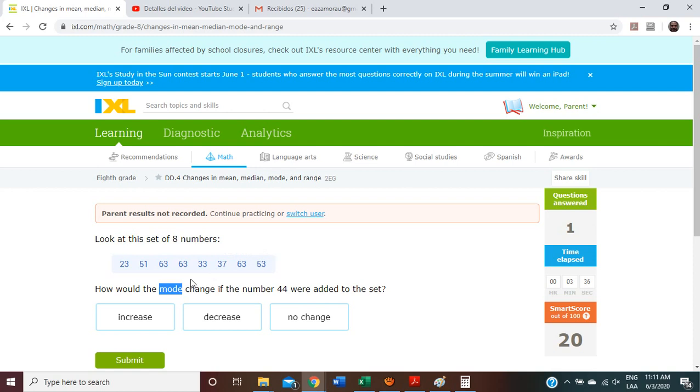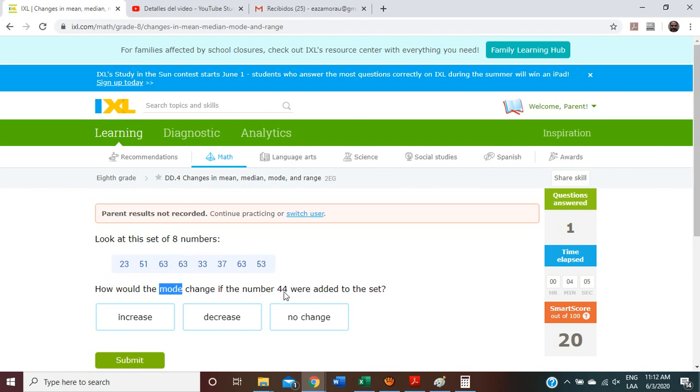So right now, which one is the mode? We have 23, only one 23, only one 51, 3 63s, only one 33, only one 37, and only one 53. So right now, the mode is 63 because it is the most repeated number.